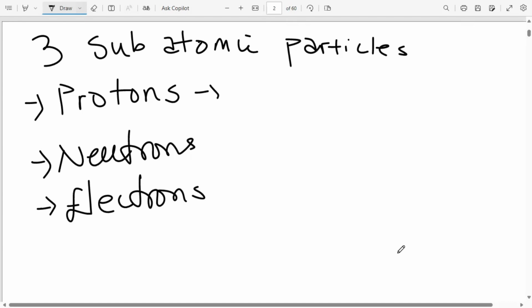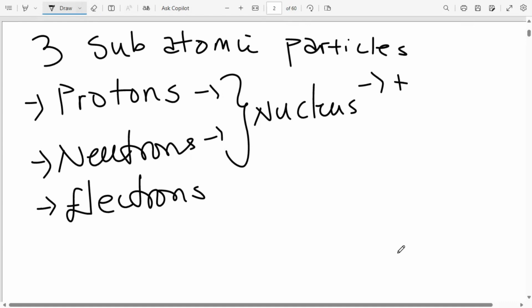Like this. So we said protons and neutrons are found in the nucleus. Then we say the protons are positively charged, whilst the neutrons are not charged. They are neutral.